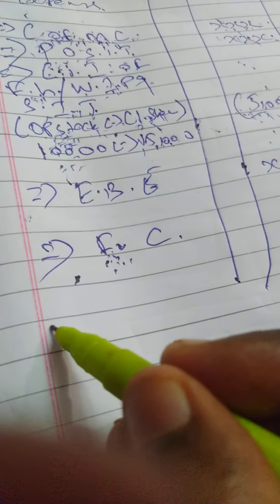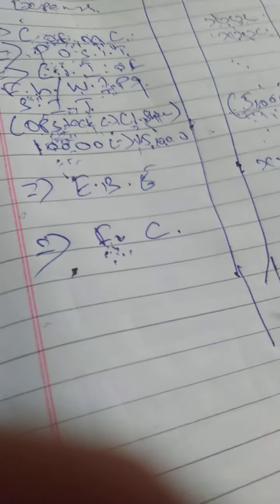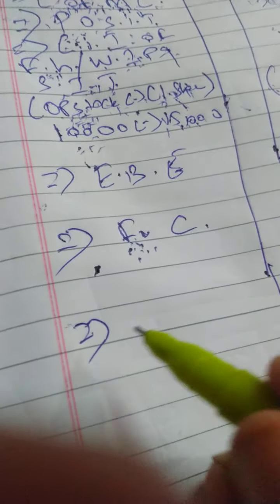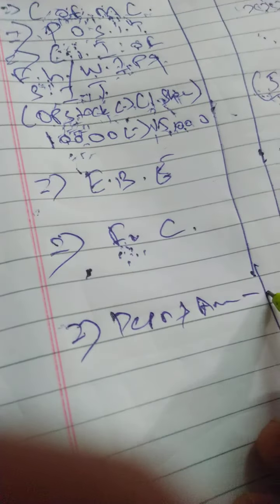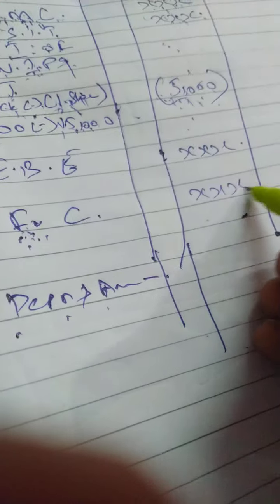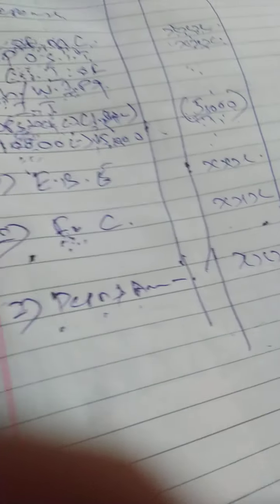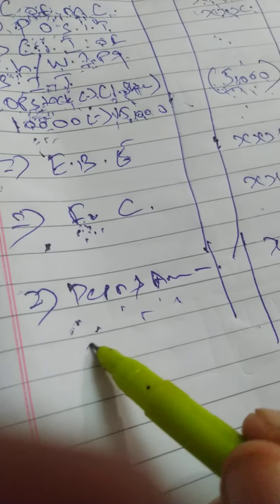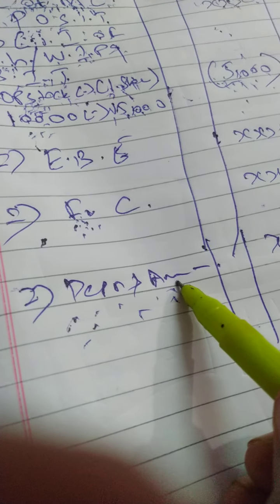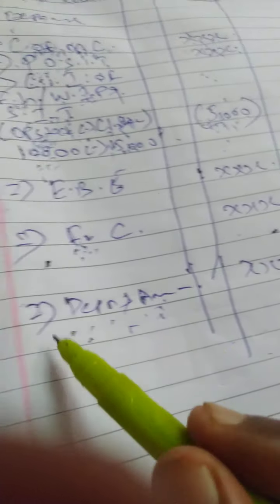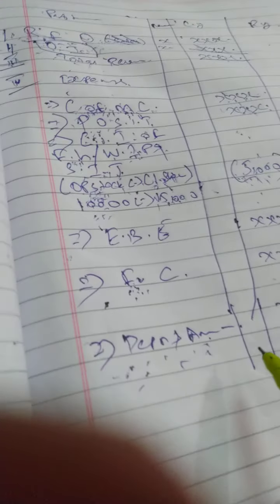Then what is the next item? The next item is depreciation and amortization. You know the meaning. Depreciation is for tangible assets, fixed assets. Amortization is for normally intangible assets. So together we have to write one figure.